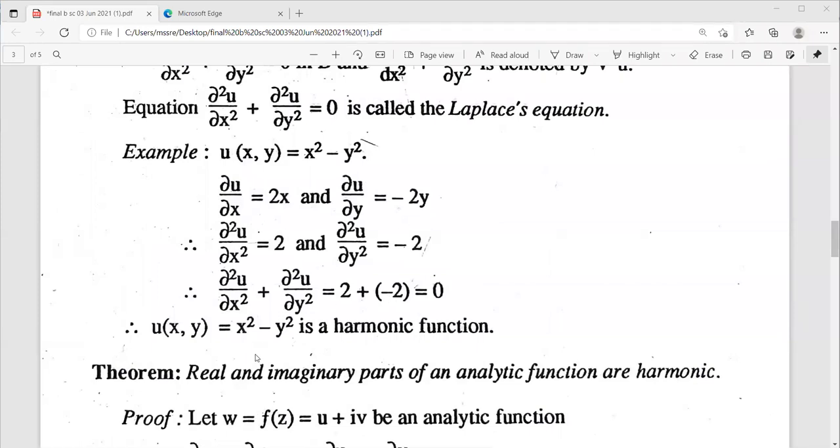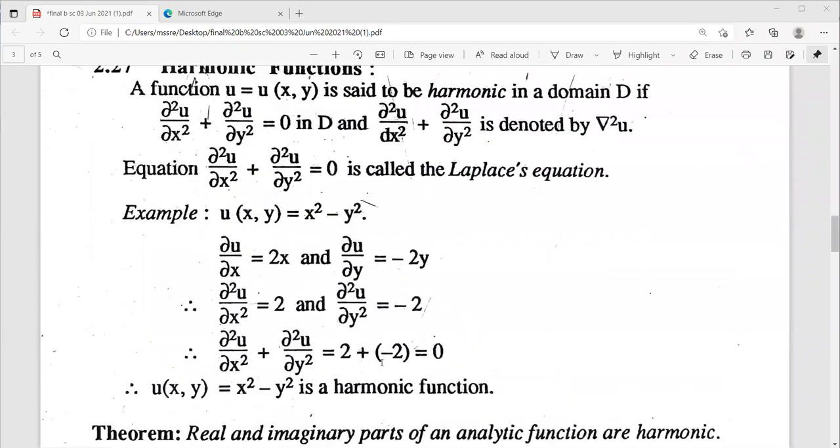I can give many problems. Better you list out those problems and take them as an exercise, all of you. I have not listed them here, but I will tell you orally now. Please list them down and check whether they are harmonic. First, u equals half log of x square plus y square.